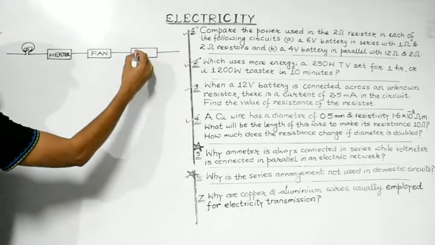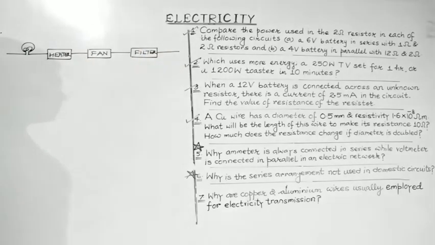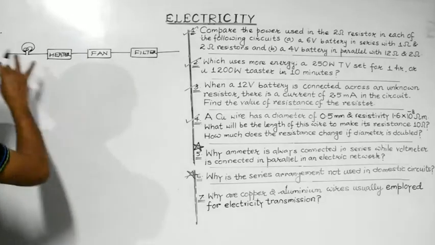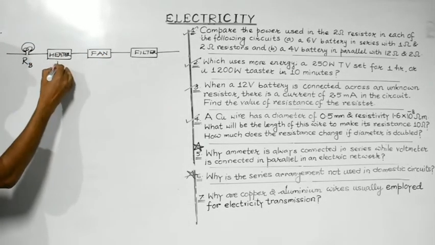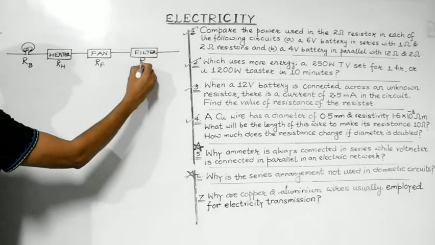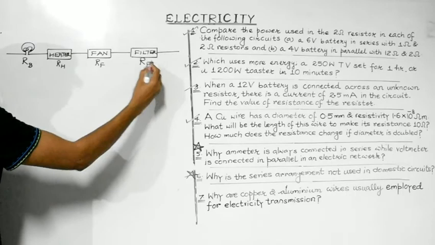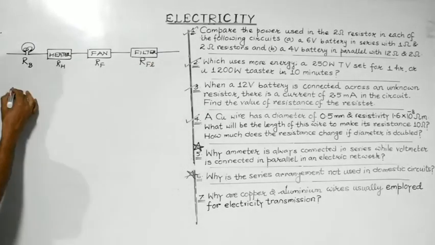Suppose this is filter, electric filter, and so on. And they are connected in series. The resistance of this bulb is RB, resistance of the heater is RH, resistance of the fan is RF, resistance of the filter is RFL. They all are connected in series. It is equivalent to this.